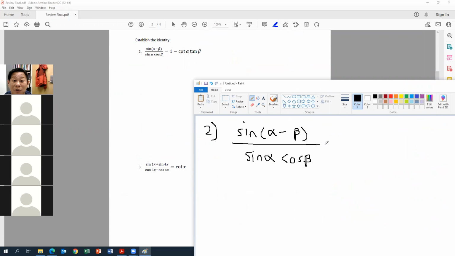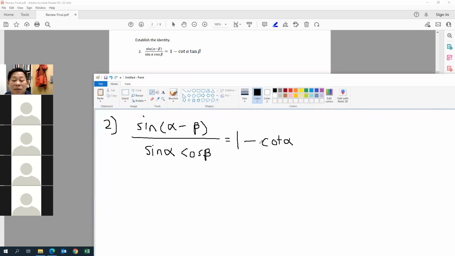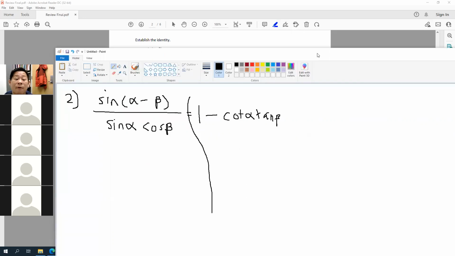So you have to try to do it on your own. I want you to try question 2 on your own: how do you prove (sine alpha minus beta) over (sine alpha cosine beta) equals 1 minus cotangent alpha tangent beta? When you prove an identity, you just need to write down what side you start from.